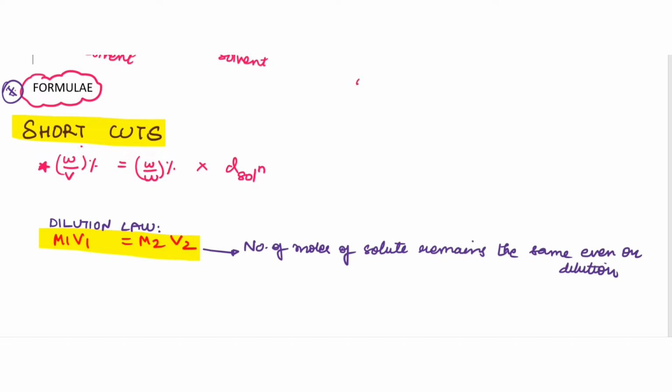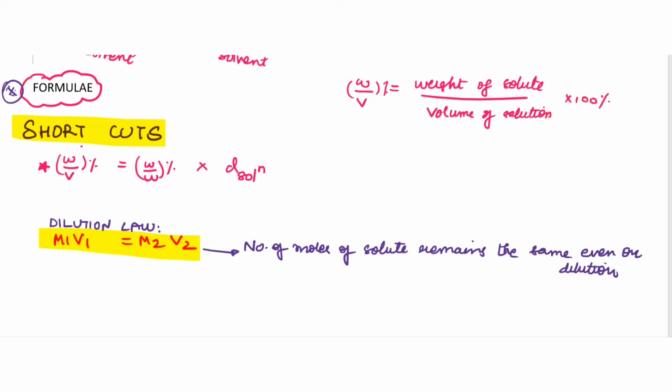From that we can derive this relation, because on the left hand side the denominator has volume and on the right hand side the denominator has weight. So we simply need to multiply it by the density of the solution.